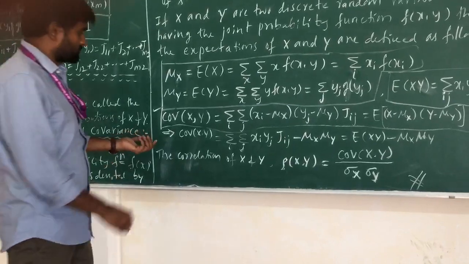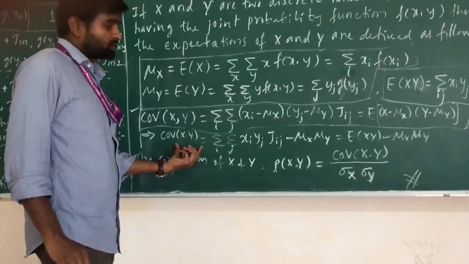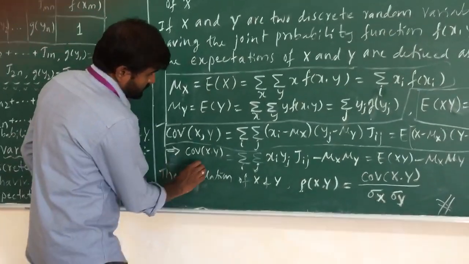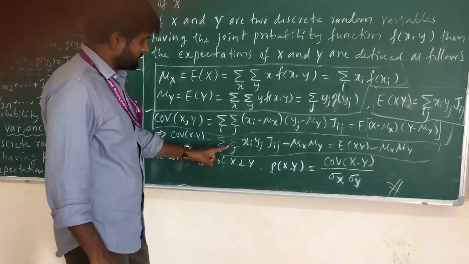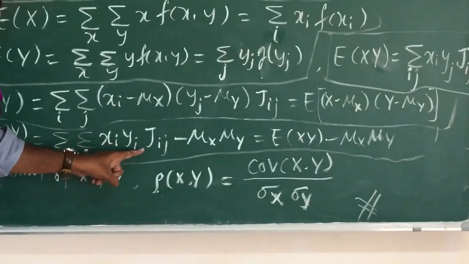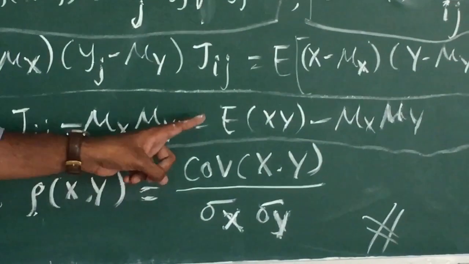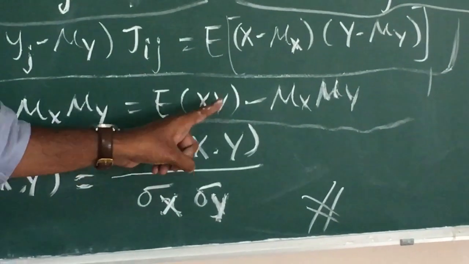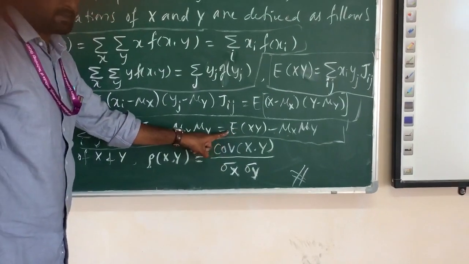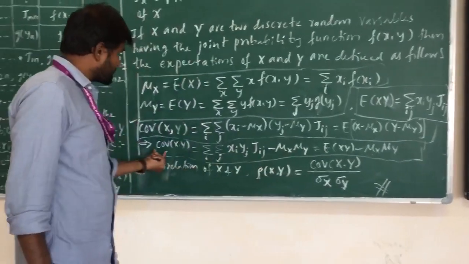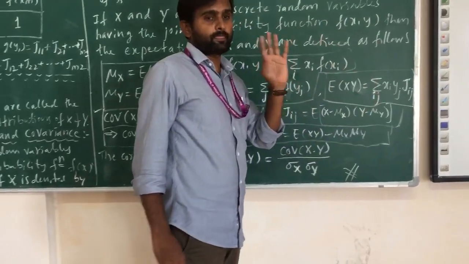You can also write it like this: covariance of x comma y equals the sum over i and j of xi yj J ij minus mu x mu y, or the expectation of x y minus mu x mu y. This is important. Covariance of x y is nothing but expectation of x y minus mu x mu y.